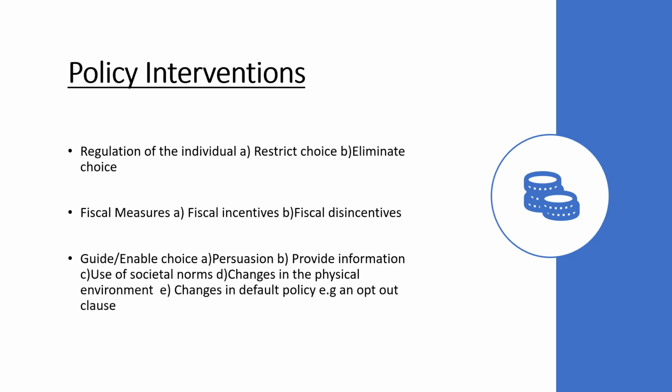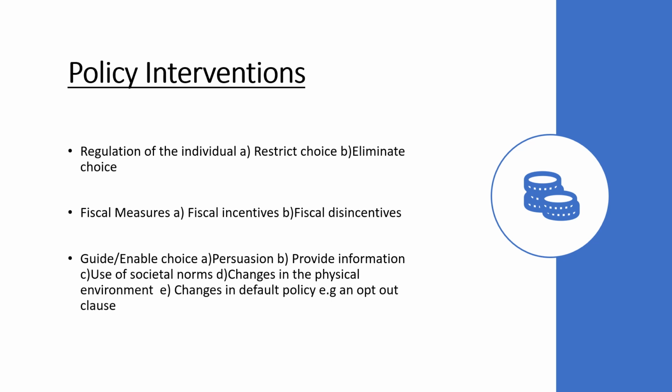And fiscal disincentives in Nigeria would be the taxes, so the luxury taxes, for instance, put on imported alcohol, even imported rice. So those are things that the government can do to intervene in markets and incentivize certain behavior and disincentivize certain behavior for the greater good.